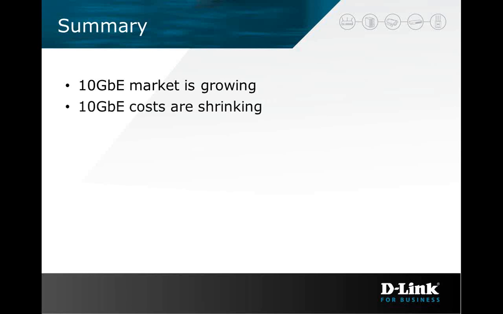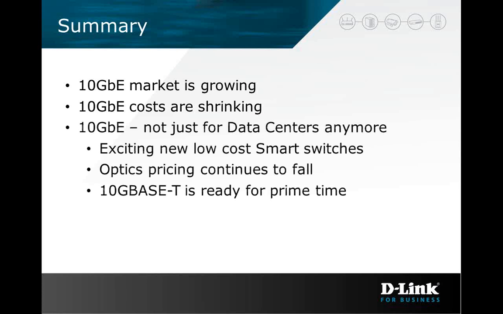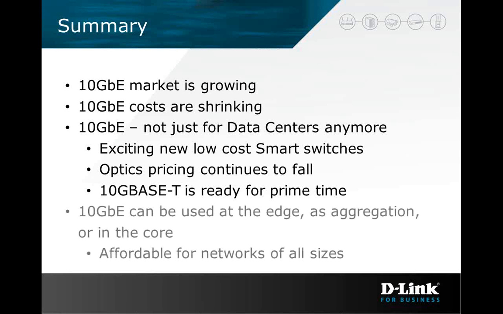We also saw that 10 gig costs are shrinking, and so as costs continue to go down, more and more IT managers and networks of all sizes find 10 gigabit Ethernet to be affordable. So 10 gig Ethernet is really not just for data centers anymore. We've got exciting new low-cost, affordable smart switches. Optics prices continue to go down for 10 gig over fiber, and 10G base T is ready for prime time.